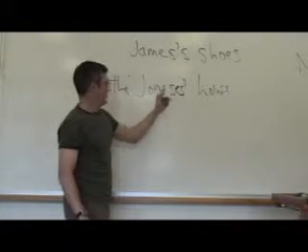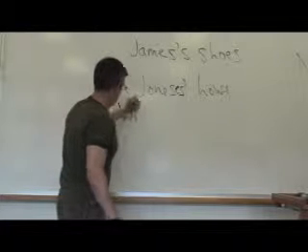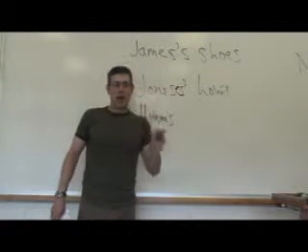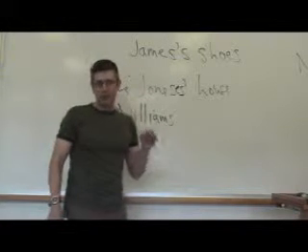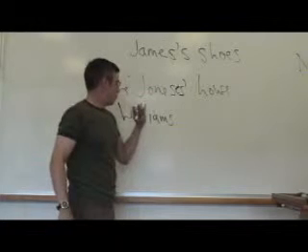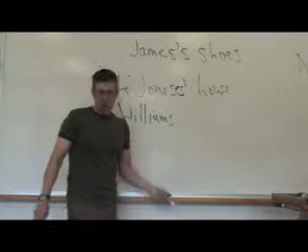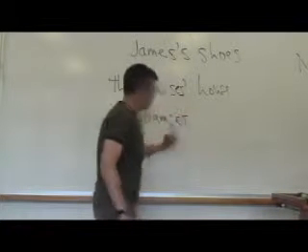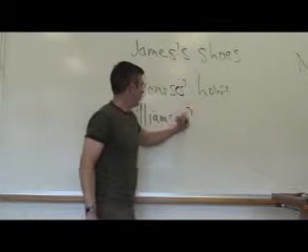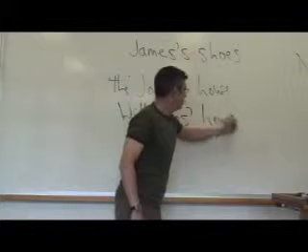The Joneses' house. Or suppose the name is Williams. You know, John Williams, Martin Williams, Mary Williams, and so forth. Well, if you've got more than one Williams, what do you've got? You've got Williamses, right? So the Williamses' house.